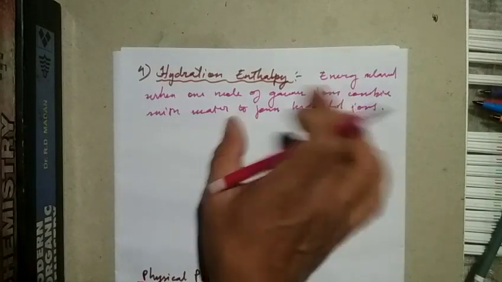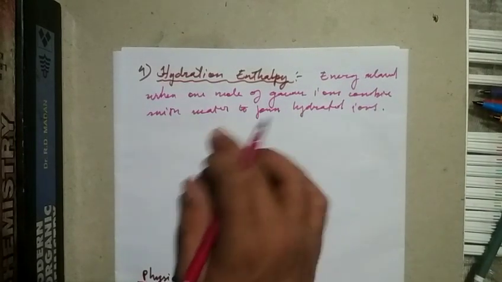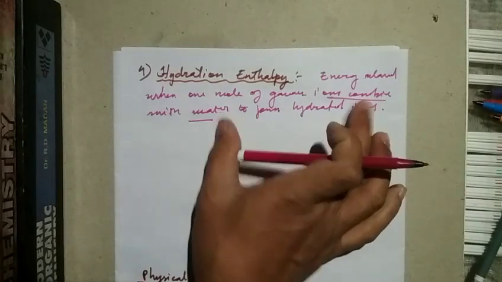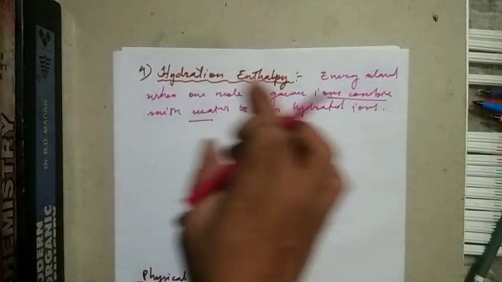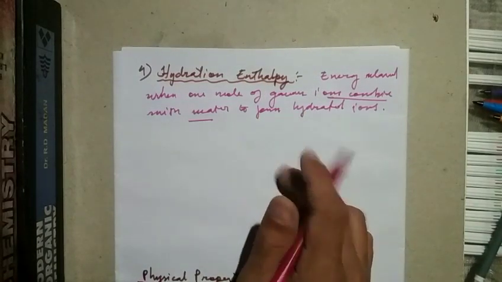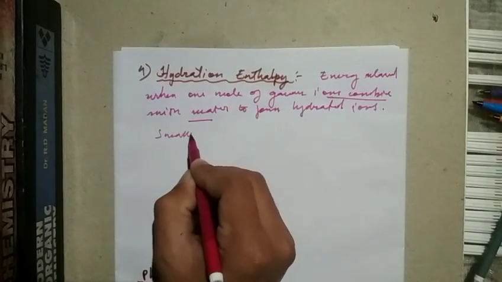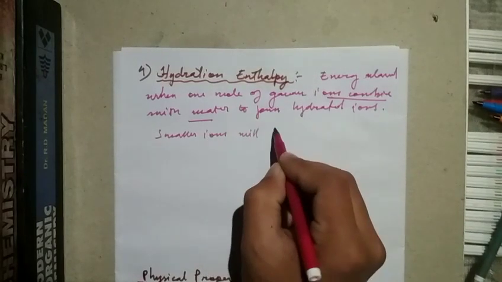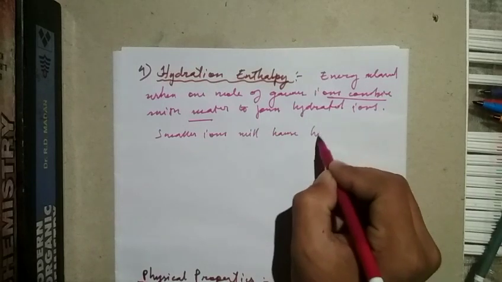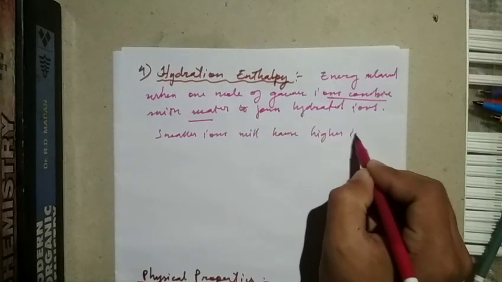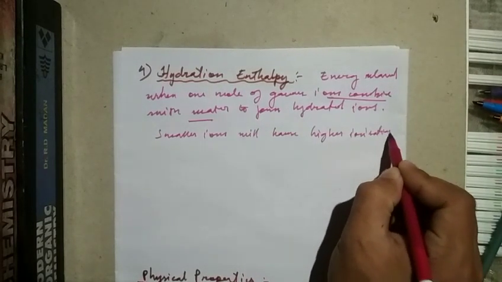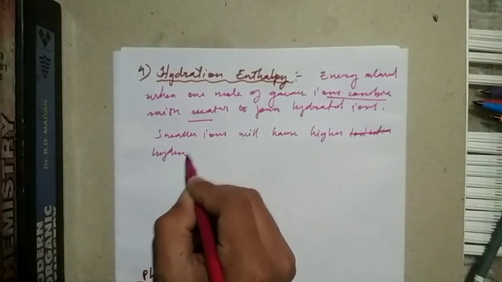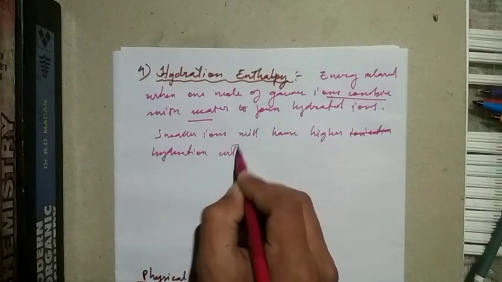So when one mole of gaseous ion combines with water, the energy released is the hydration enthalpy. So smaller ions will have higher hydration enthalpy.